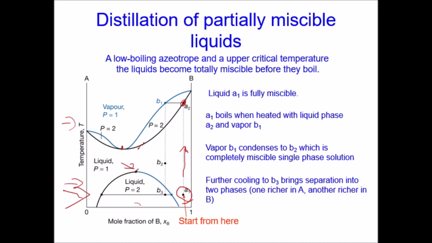And the vapor phase is B1. So B1 is the vapor phase in equilibrium with this liquid. And when you condense it, the vapor phase becomes a liquid at B2. So at B2 you have a single phase liquid. If you cool down further, this liquid becomes two liquids at B3.